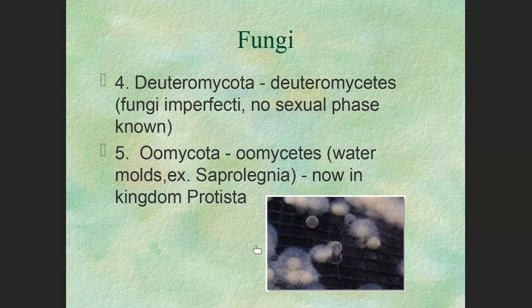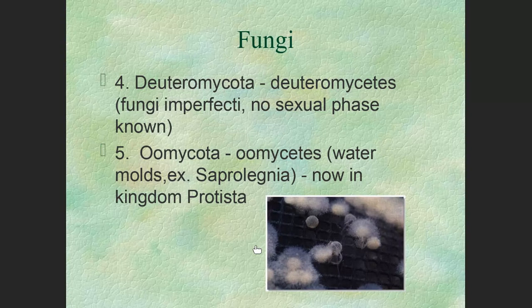Now the last phylum, I just want to mention the Oomycota because they are no longer in the fungus kingdom. Oomycota have been reclassified into Protista, which, as you recall, is a catch-all kingdom. You have all different kinds of organisms that don't fit into the plant, animal, or fungus kingdom, so they stick them into Protista.